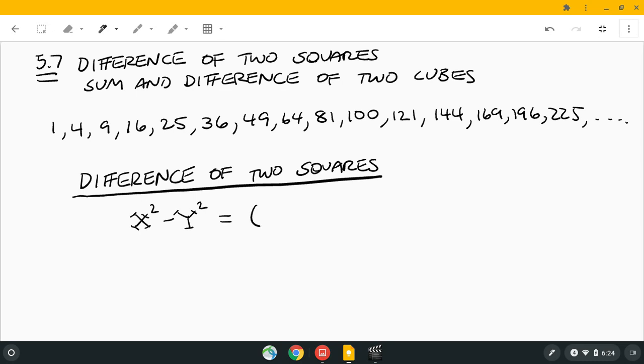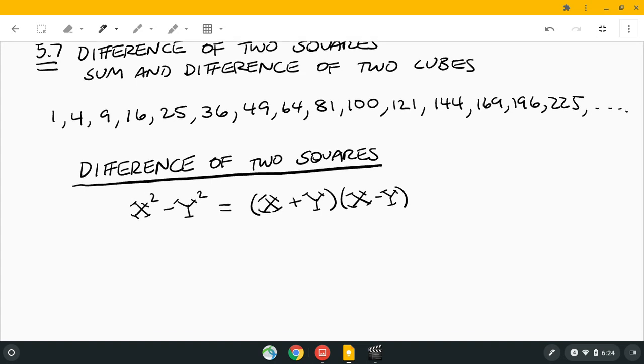If you have the difference of two squares, first identify what's being squared: whatever x is being squared, and y, whatever y is being squared. Then your factors are going to be x plus y, x minus y. And that is pretty much it.